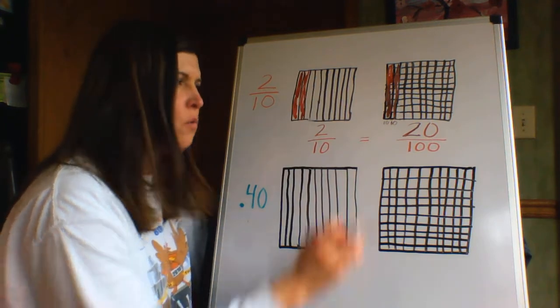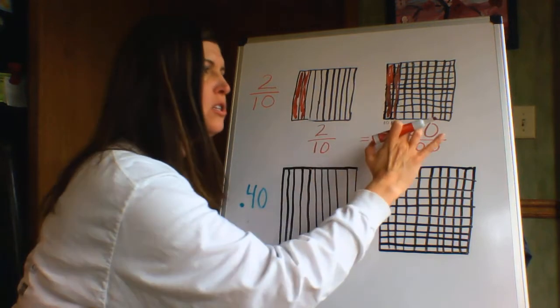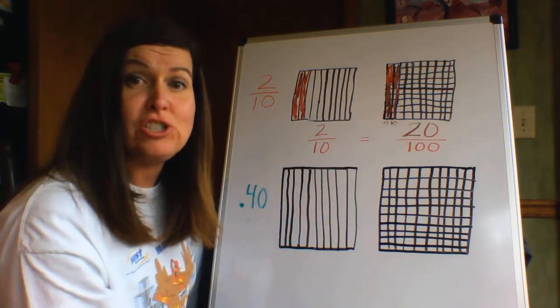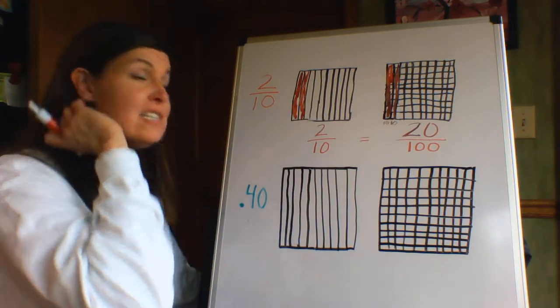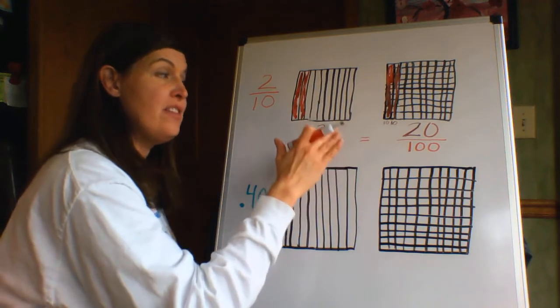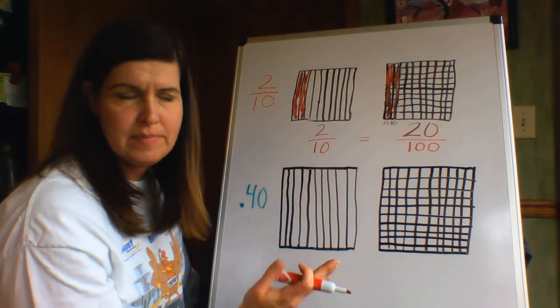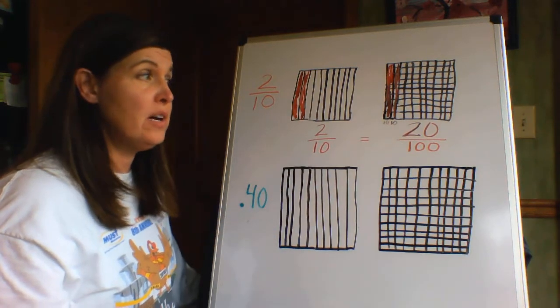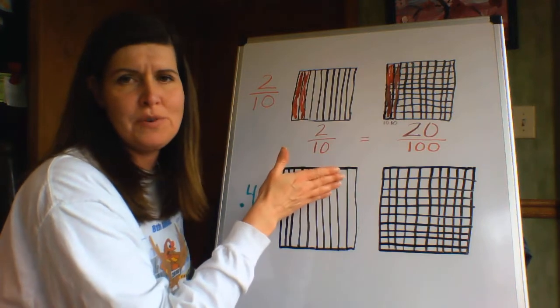Now can we figure out what we are doing to go from 2/10 to 20 hundredths? It's just like we did when we were dealing just with fractions. To find an equivalent fraction, we need to multiply the denominator and the numerator by the same amount.